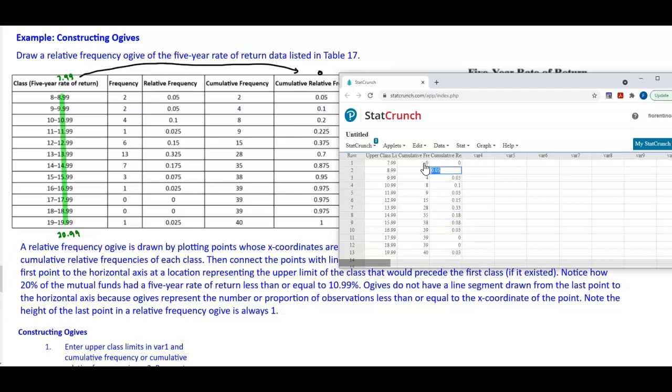And then for the cumulative relative frequency, we have 0.05, 0.1, 0.2. Well, actually, at the very beginning we had 7.99, so that represents 0.